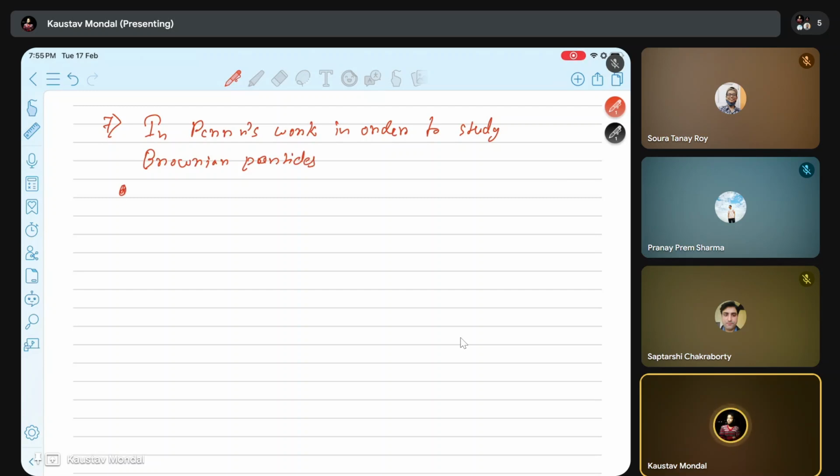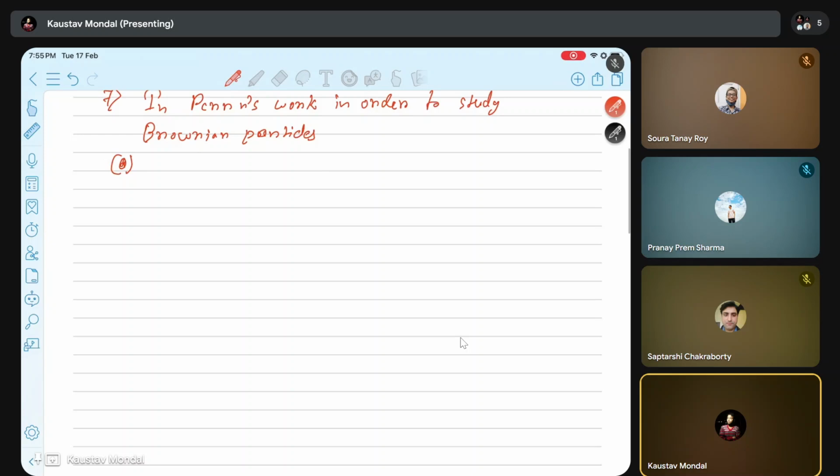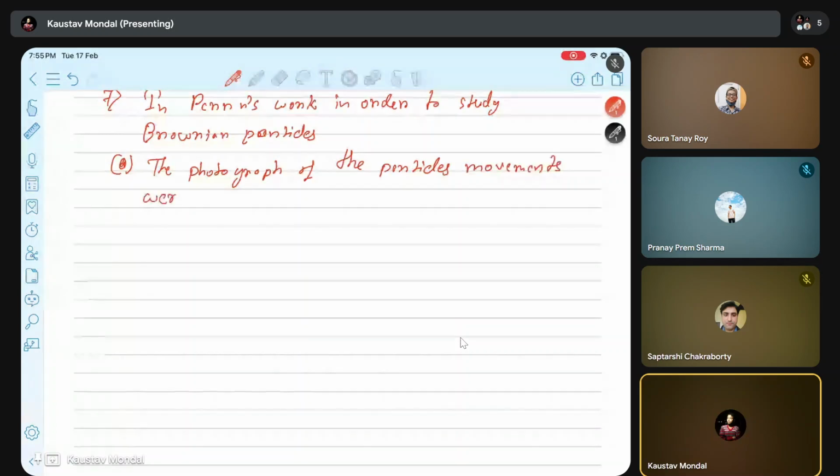Option A, photographs of the particle movement were captured periodically.